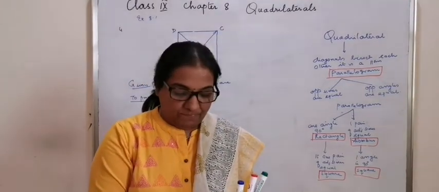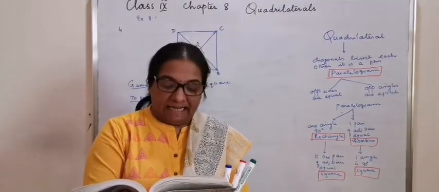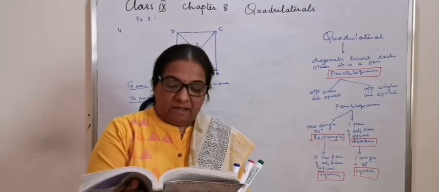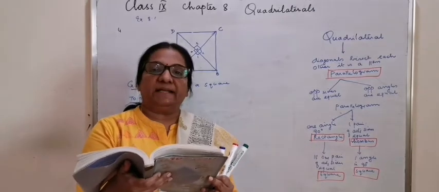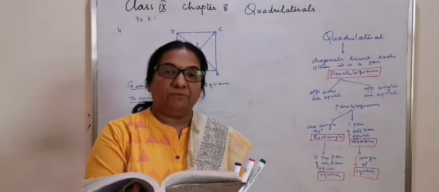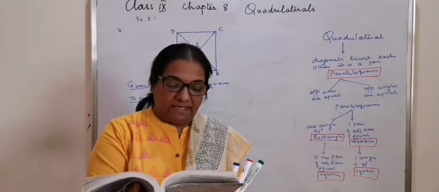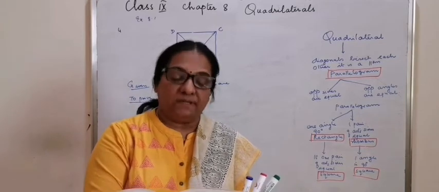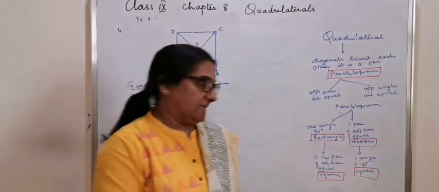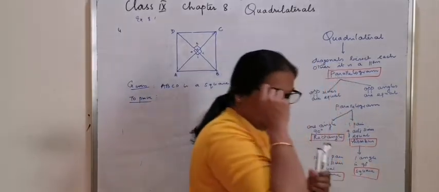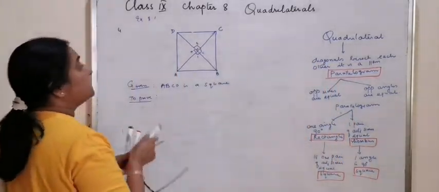Question number 4. Show that the diagonals of a square are equal and bisect each other at right angles. It is given that ABCD is a square.